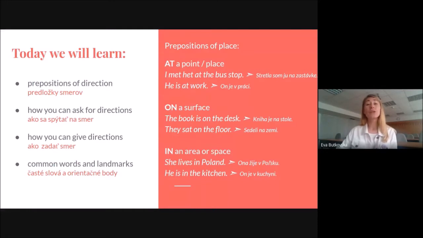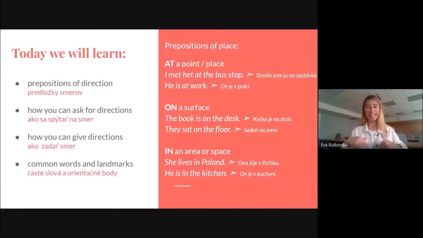But let's quickly review the simple prepositions of place. So let's start from the bottom up. The simple preposition in is used for an area or space, inside we could say. So she lives in Poland, or he is in the kitchen, or the tourist center is in the shopping center, for example.